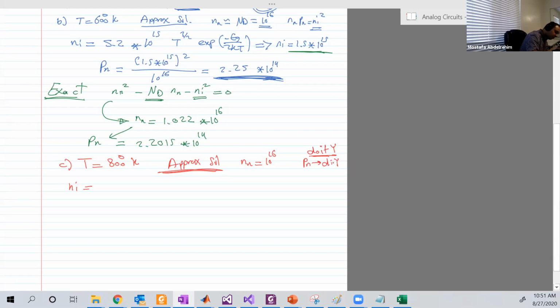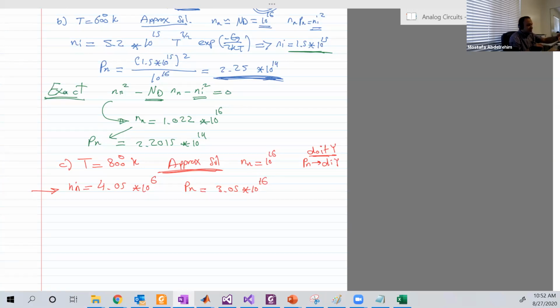Okay? But the exact solution will give us the following numbers. 4.05 × 10 to the power 16. I'm sorry, this is Nn. And Bn equals 3.05 × 10 to the power 16. It's a dramatic change. And we can see clearly the difference between the approximate solution and the exact solution.